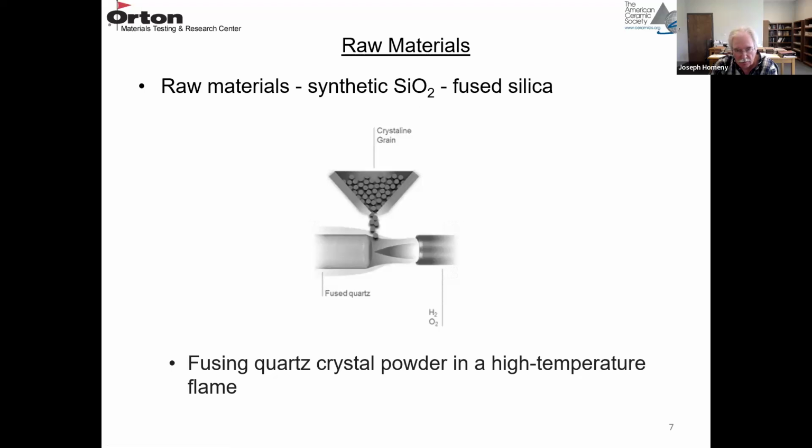The silica glass has a very unique property of extremely low thermal expansion, but it has a low use temperature. It is a glass, and it will crystallize above 1,000 degrees C. So it has limitations.